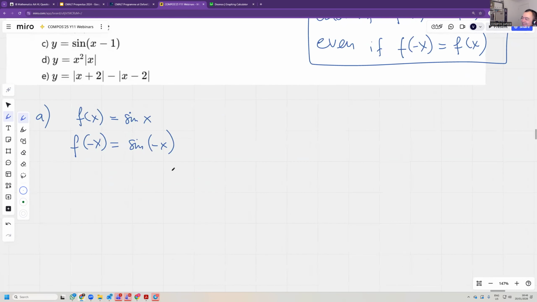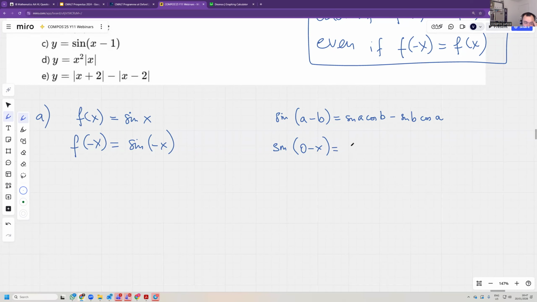Well, you could use the relationship sine of a minus b is sine a cos b minus sine b cos a. Let's use it in a tricky way: sine 0 minus x, because minus x is the same as 0 minus x.